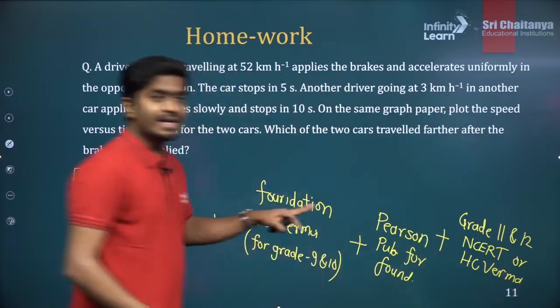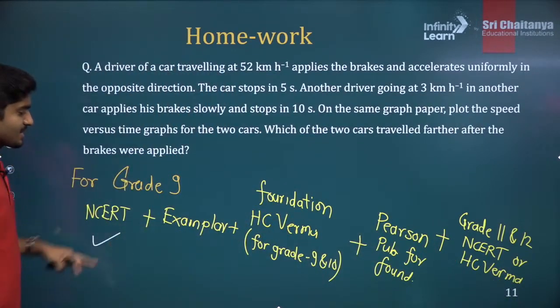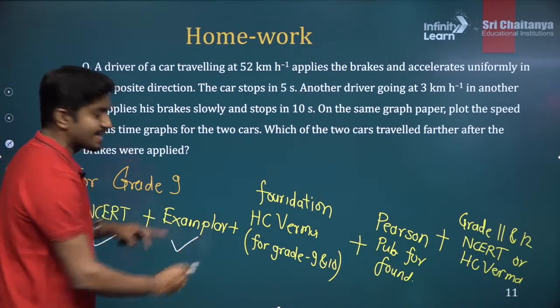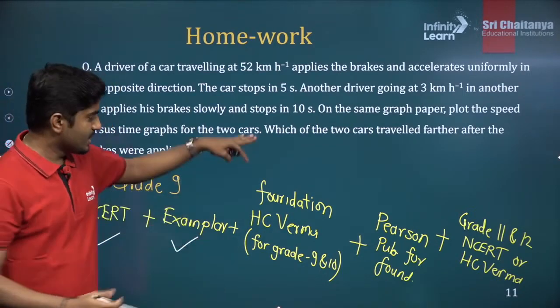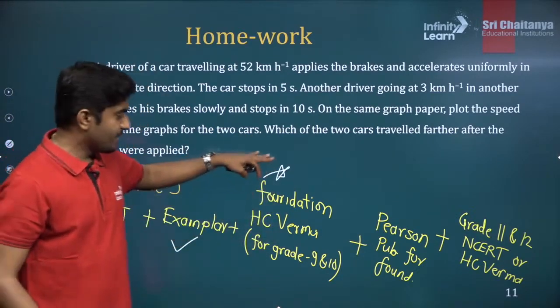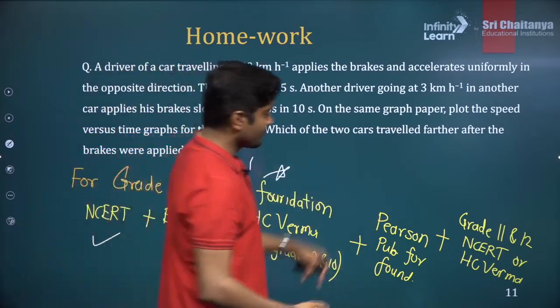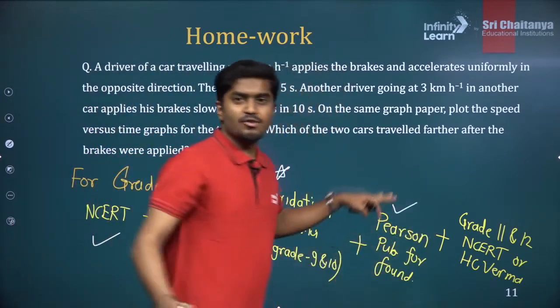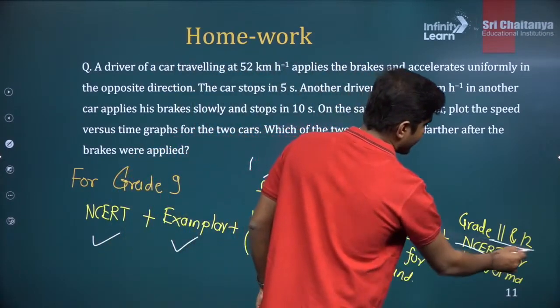So this is like a difficulty level. Complete this first, then go to the exemplar for your grade 9. If the questions are very easy, go to here and solve the questions from here. If you could solve this, go to the next level, this Pearson. If you find this one also very easy, then solve the NCERT for 11th and 12th.